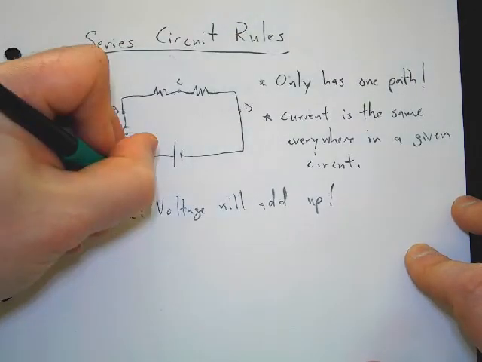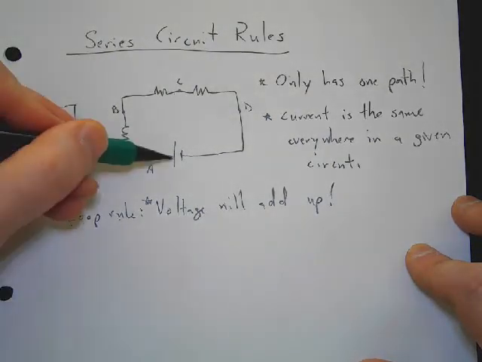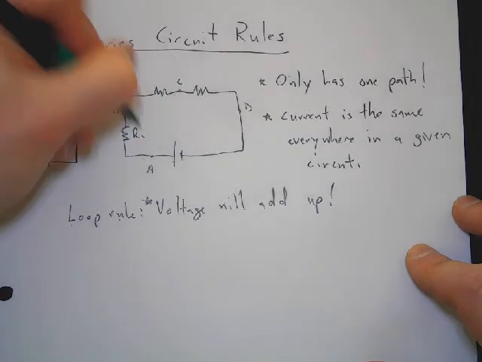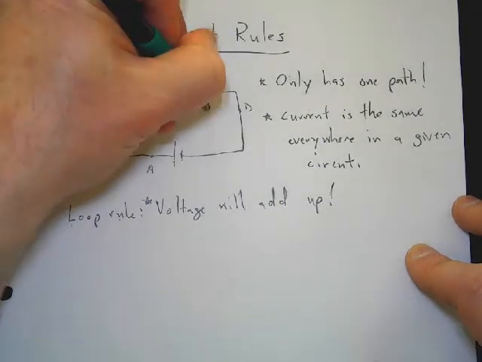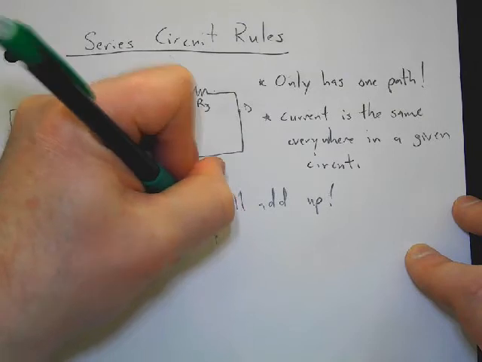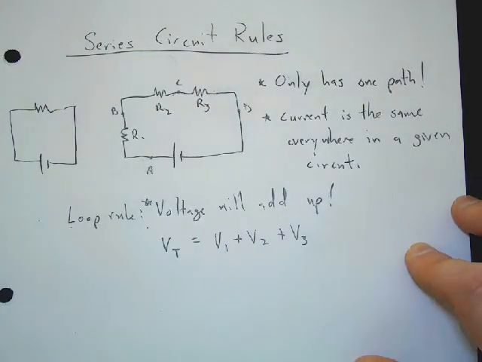Again, this is something you don't have to memorize because you understand the loop rule. So my total voltage is going to equal V1 plus V2 plus V3, if this is R1, R2, R3. So V total would equal V1 plus V2 plus V3.